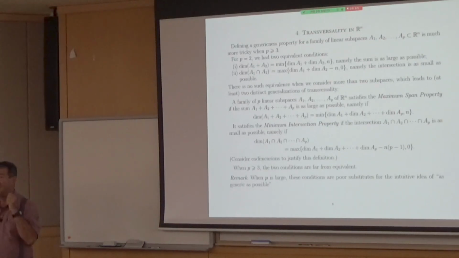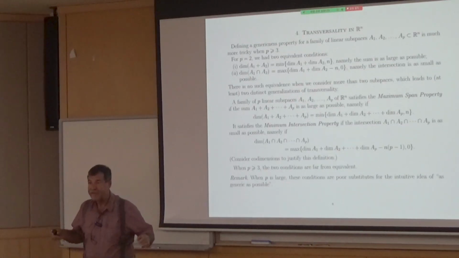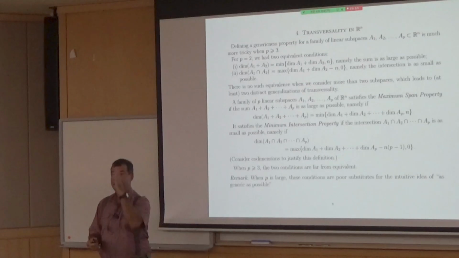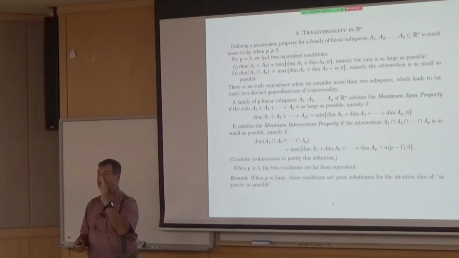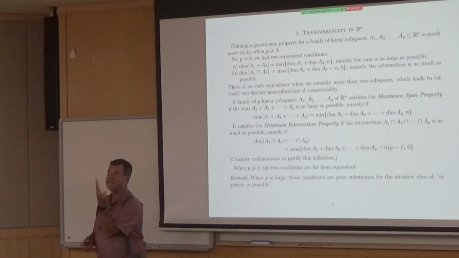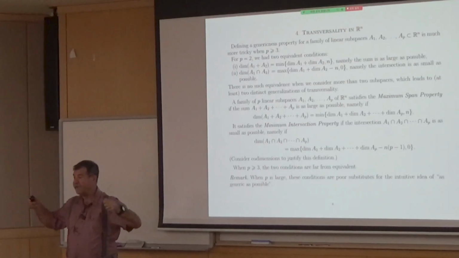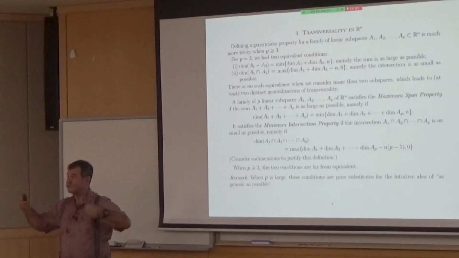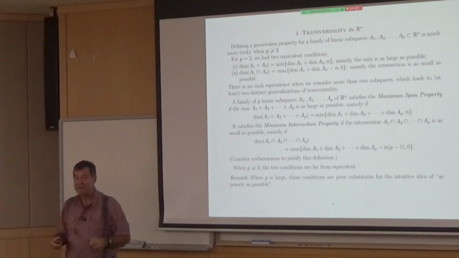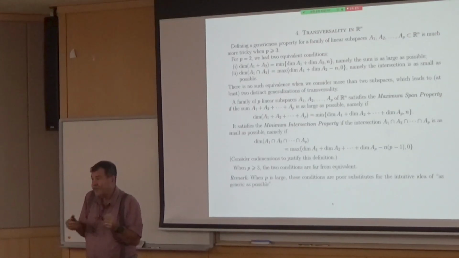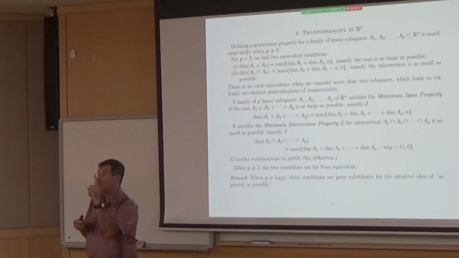However, when p is at least 3, they are not equivalent. And the simple example is the following. In R^3, you take p vertical planes containing the z-axis. So you see that for these, the sum is as large as possible. It's the whole space. However, the intersection is not as small as possible because it contains the z-axis, whereas you would prefer the intersection to be 0.